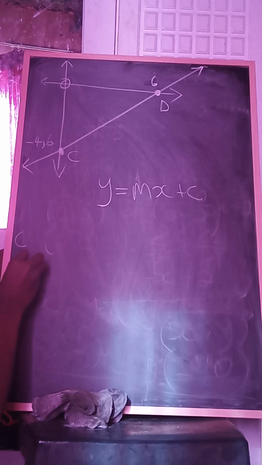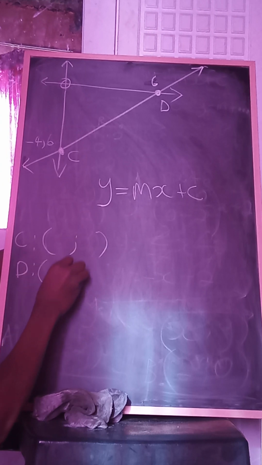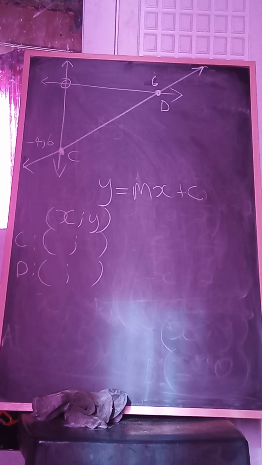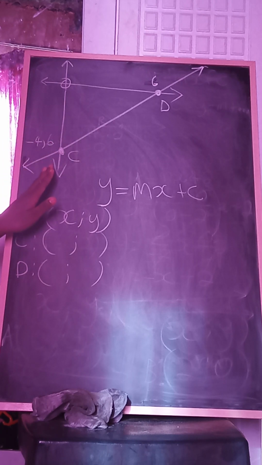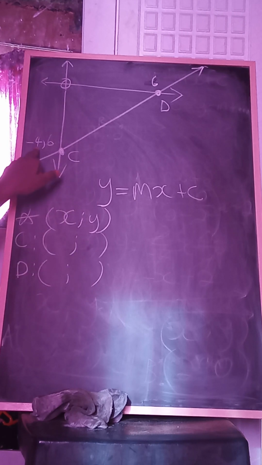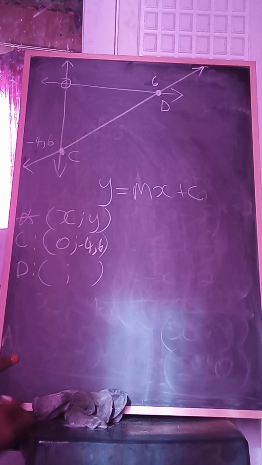Before you do this, you'll have to interpret points C and D. This is X and this is Y. Now we know that C is on the y-axis, meaning that on the y you'll have to place minus 4.6, and on the x you'll have to place 0.